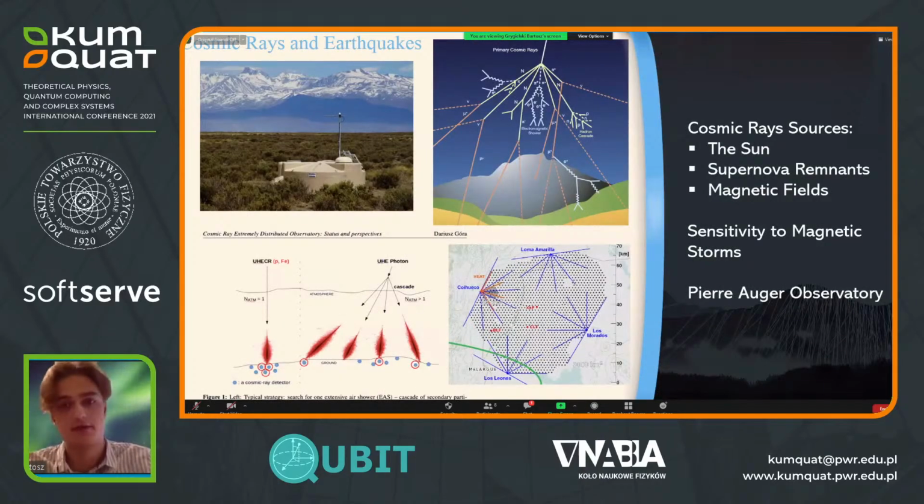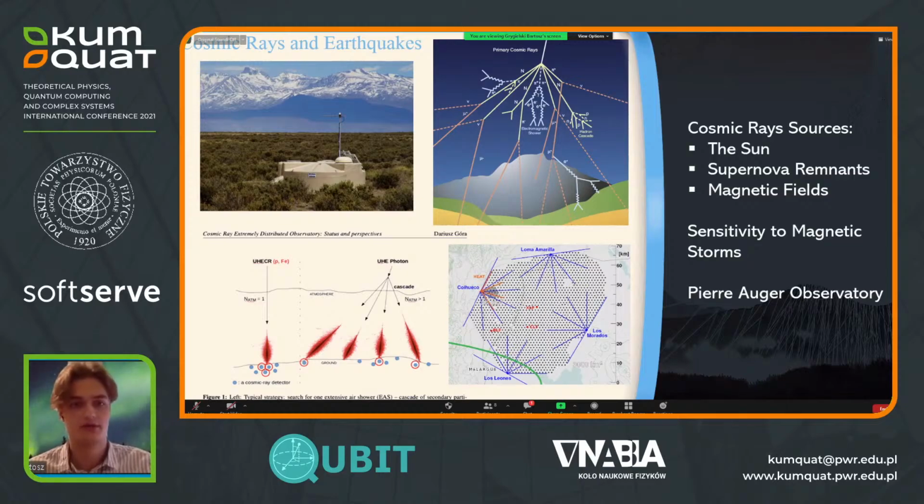And first things first, what are cosmic rays? They have various sources, just like you can see here: the sun, supernova remnants, magnetic fields, and when they come to the Earth and they interact with the atmosphere or various fields, they scatter.